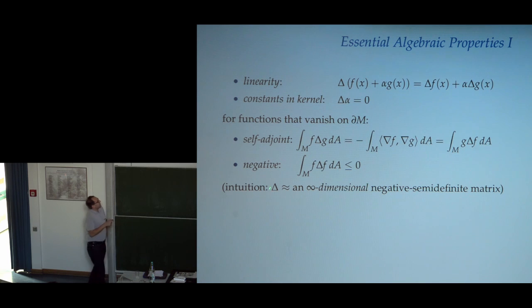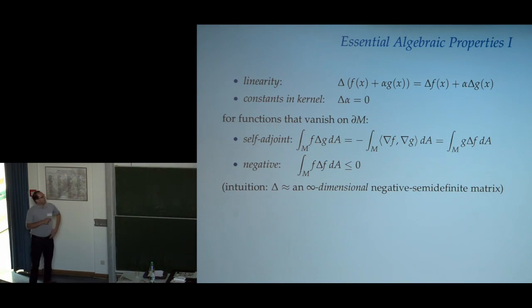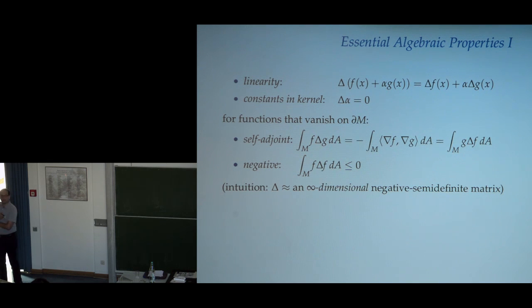If you look at these equations, this looks a lot like the Laplacian is an infinite dimensional negative semi-definite matrix. If you have a negative semi-definite matrix, then f transpose times the matrix times f is always less than or equal to 0 for any f. What does this equation here correspond to? This equation corresponds to symmetry of the matrix. If f transpose Laplacian g is equal to g transpose Laplacian f, that means that the matrix is symmetric.